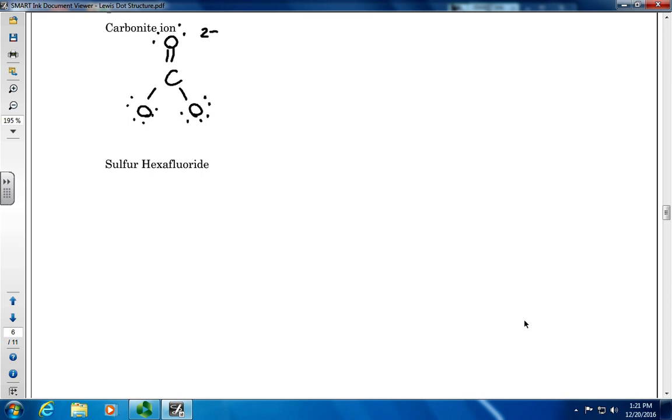And we can, of course, draw the resonance for this, wherein this double bond breaks up. This one comes over.